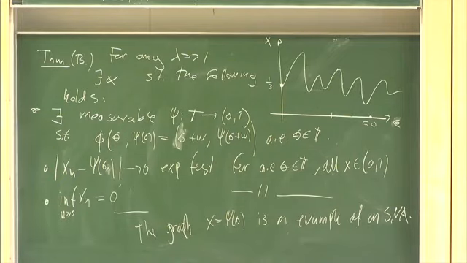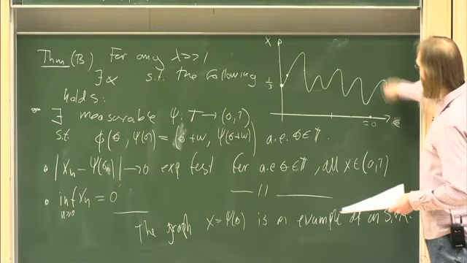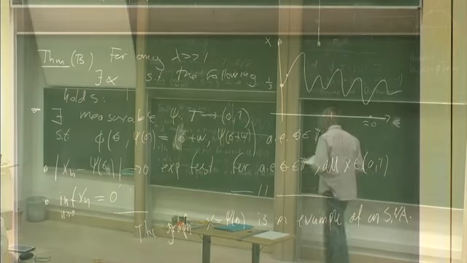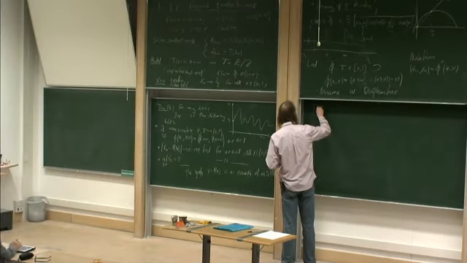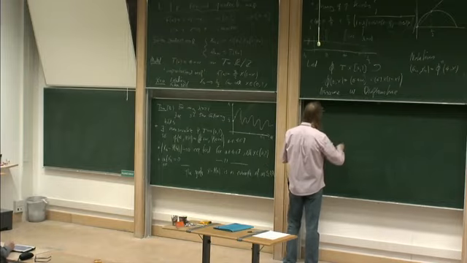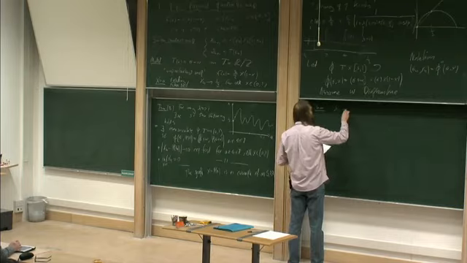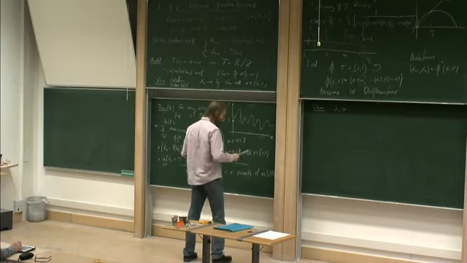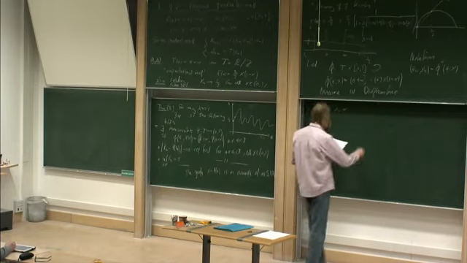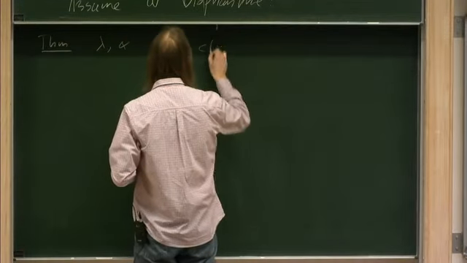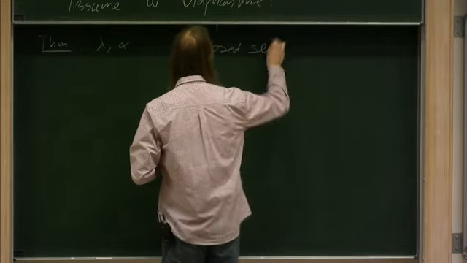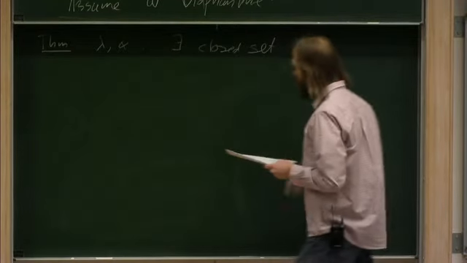And then one could ask, what is the geometry of this fractal or this graph? So there is another theorem. Let lambda and alpha be as in this theorem. Then there exists a closed set of the following form.